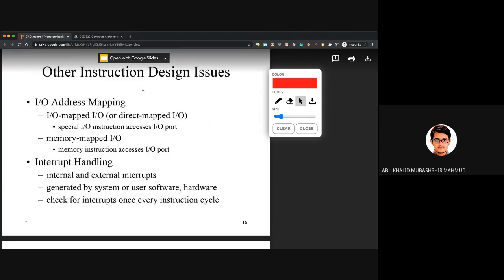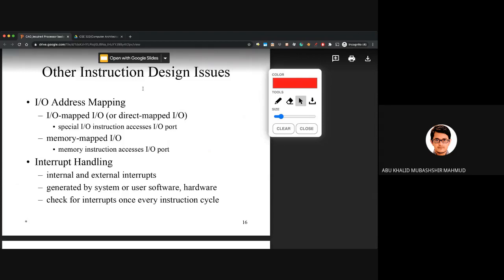Other instruction design issues that we face while designing. How do we define the features or characteristics of a processor or microprocessor? Now the input or output address mapping, we see the input output map, which can be direct mapped input output. Therefore special input output instruction to access input output port.